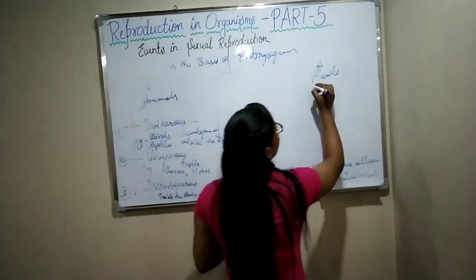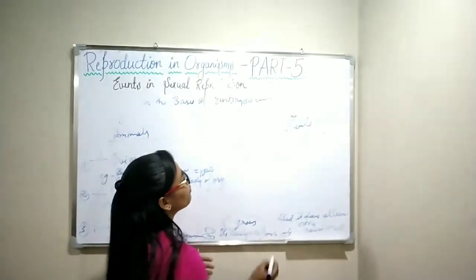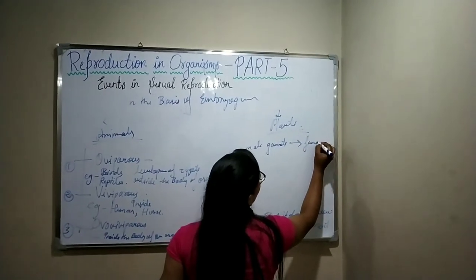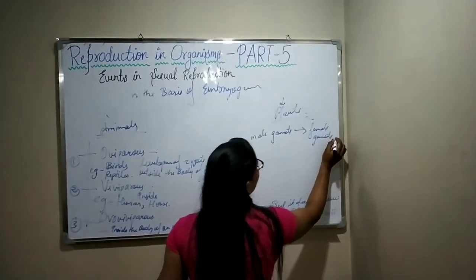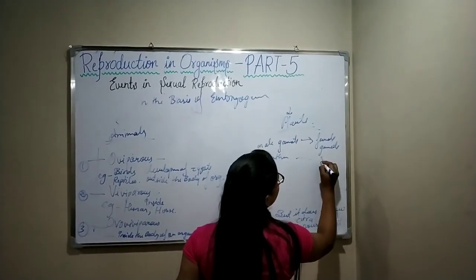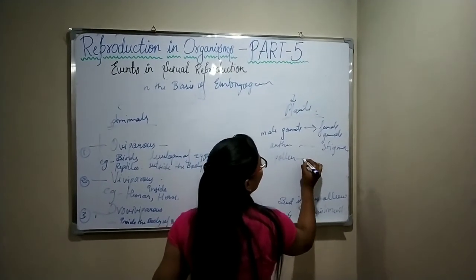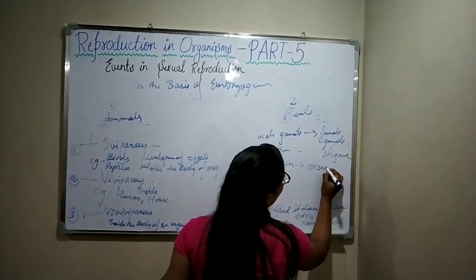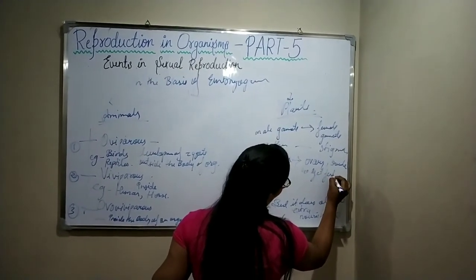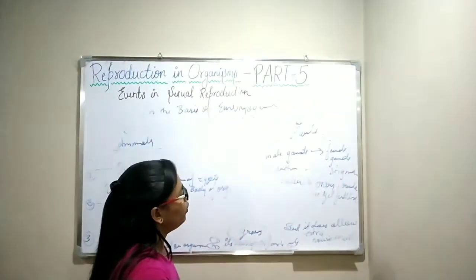And if I talk about plants, as I told earlier, the male gamete will come to the female gamete, that is, anther to stigma. The pollen grain comes to the ovary or ovule to get fertilized. I told this in the last video.